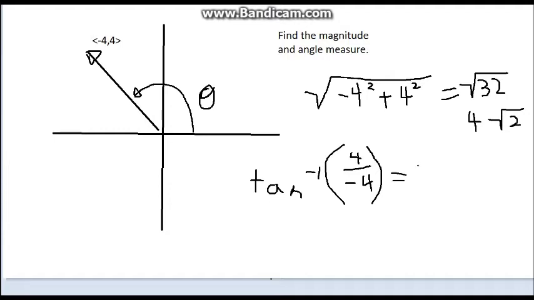So we have the inverse tangent of negative 1, which comes to equal negative 45. But you have to add 180 degrees because it's in the second quadrant, which gets you 135 degrees.